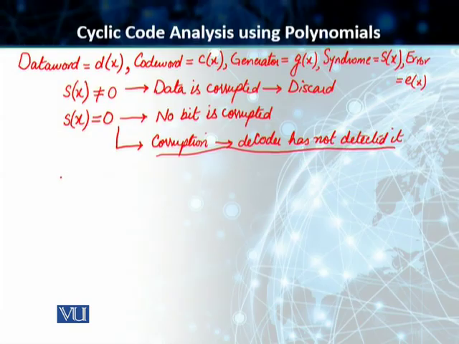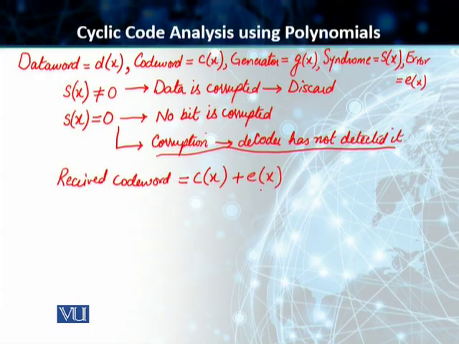So in this case, let's suppose our received code word is given by your actual code word that was transmitted, c(x), plus the error that was introduced, e(x). Students, in other words, the received code word in this case is the sum of the sent code word, which is this bit, and the error that is introduced.